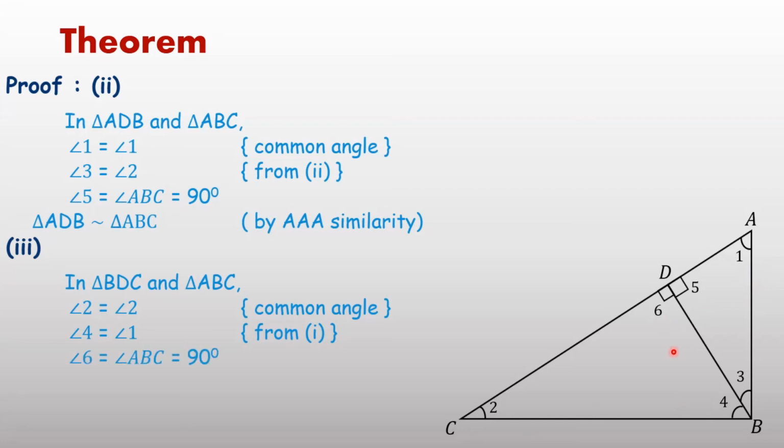And angle 6 equals angle ABC equals 90 degrees. Therefore, again both triangles are similar. In this pattern, these three parts are completed: both triangles are similar to each other, and also both are similar to the whole triangle ABC. Now, the next main theorem, which is important, is Pythagoras theorem.